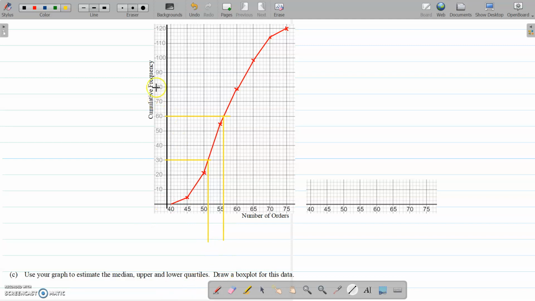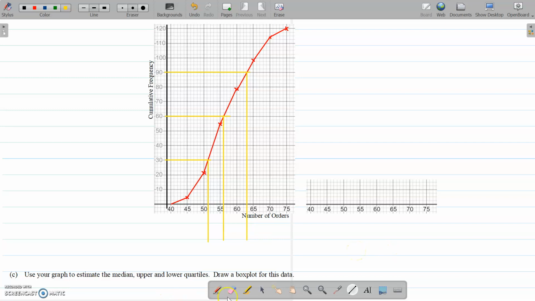And the upper quartile is 3/4 of the way. Well, 3/4 of 120 is 90. And that takes me to about there, which comes down to about there. But leave these lines showing clearly on your graph, because they're part of your working out.